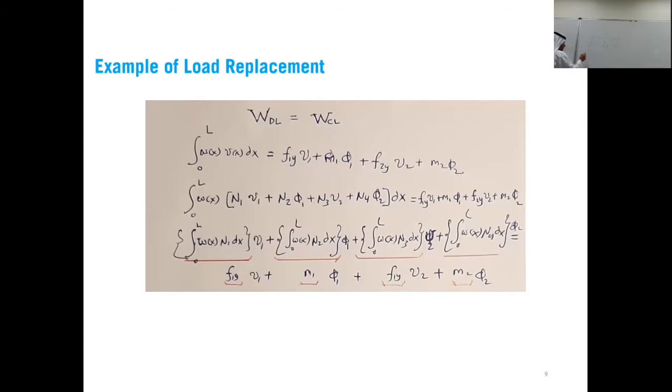Procedure. Procedure means what? Reaction, or F, equals K D minus F naught. So first thing, what is F naught? Can you find F naught? F naught means you fix here and you fix here and you find it.